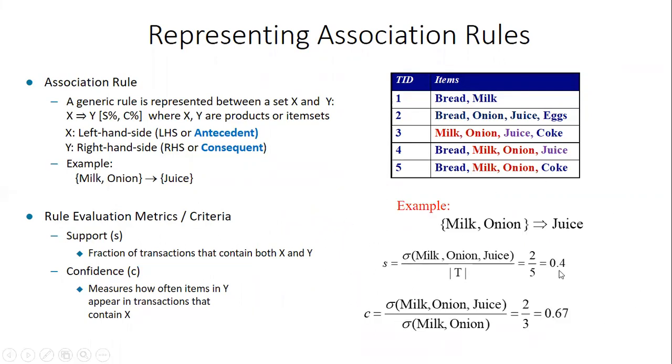So what I just showed you: the support is 2 by 5, that is 0.4, or 40% we can say. Confidence is 2 by 3, that is 67%. That means when milk and onion are purchased, there is a 67% chance that the customer also purchases juice.